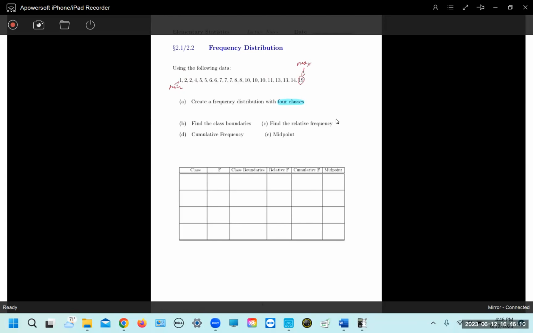So we can say 1 to 5, 6 to 10, 11 to 15, and 16 to 20.